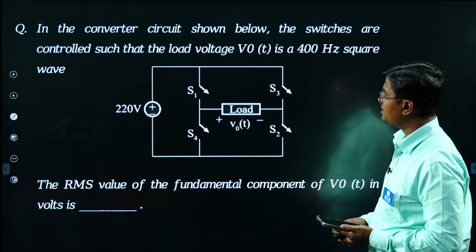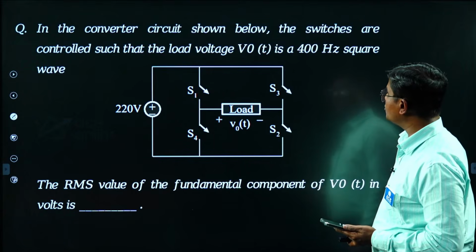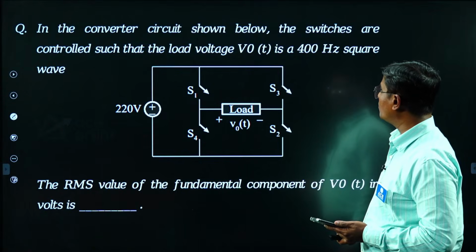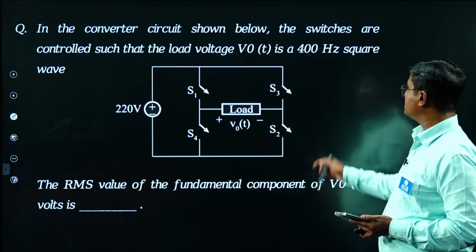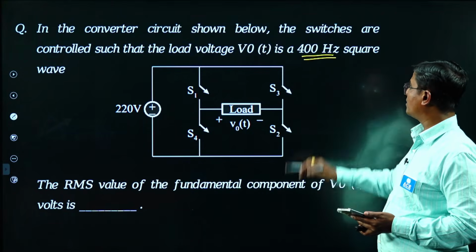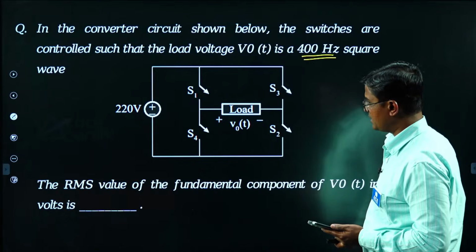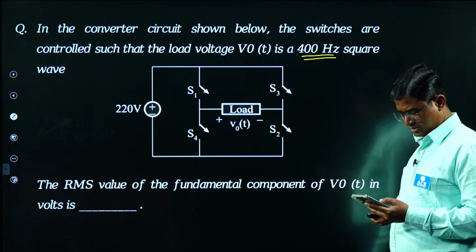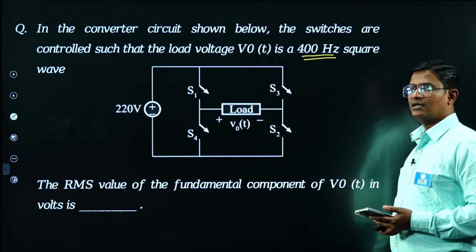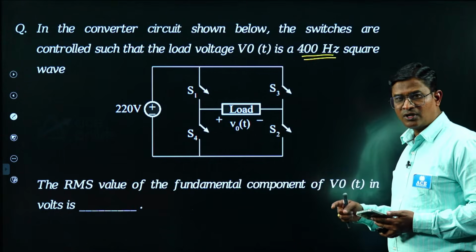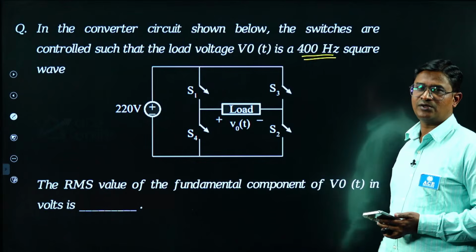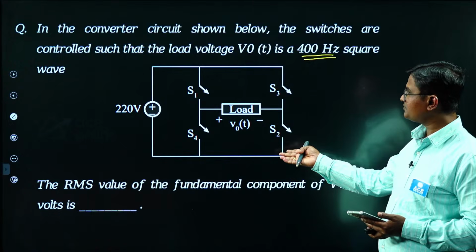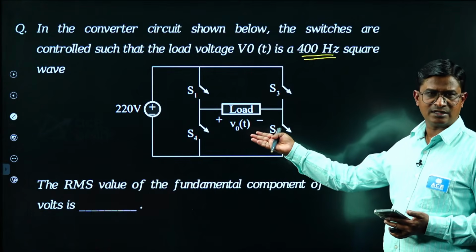Let's discuss this question. In the converter circuit shown below, the switches are controlled such that the load voltage V0 of t is a 400 Hz square wave. The RMS value of the fundamental component of V0 of t in volts is asked, that is V0 1 RMS. Simple question: full bridge inverter, supply voltage given.